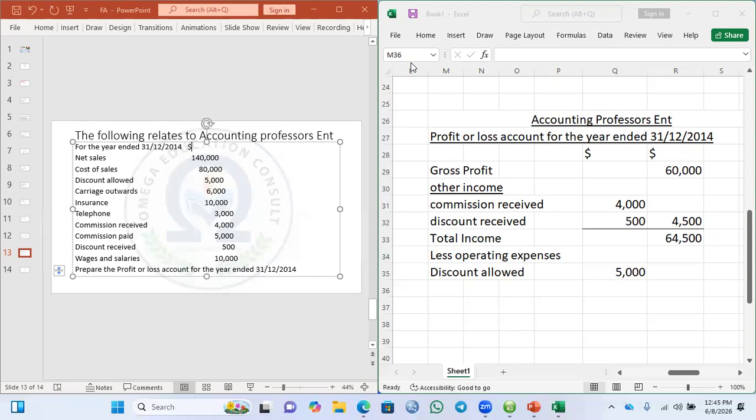The allowed is the cash discount the business gives to its customers for prompt settlement. And then the discount received is a cash allowance a business receives from its suppliers, again for prompt settlement.